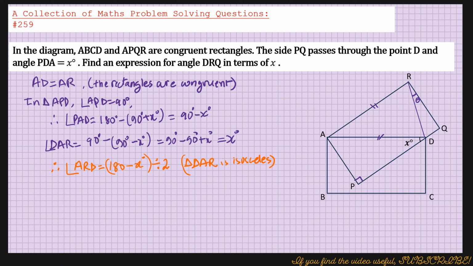Triangle ARD is isosceles, and then for triangle DRQ, you see this angle ARQ, this whole thing is 90 degrees.